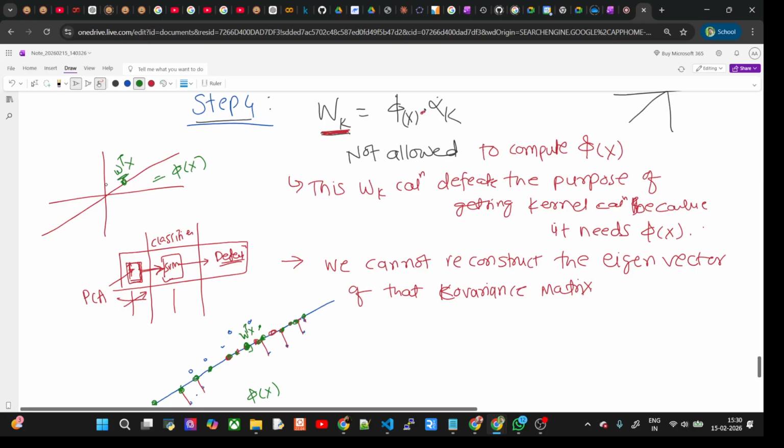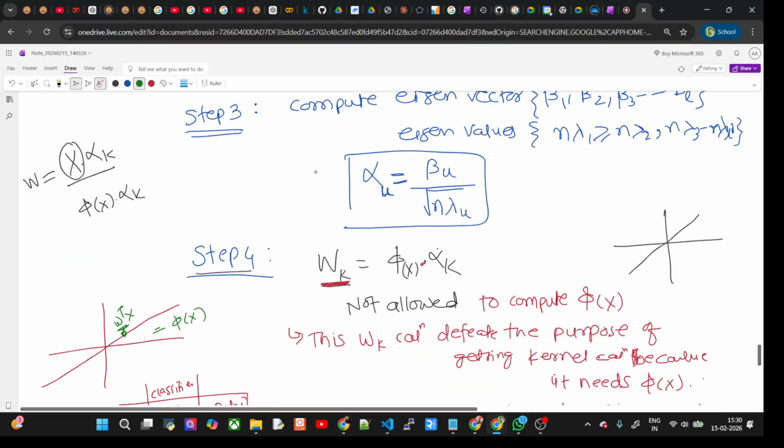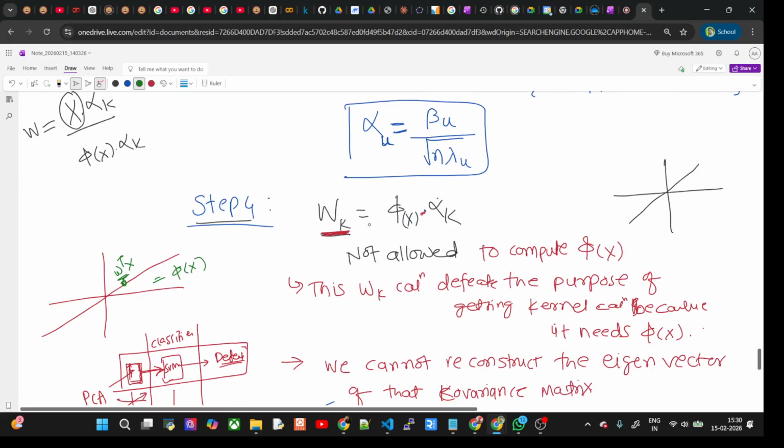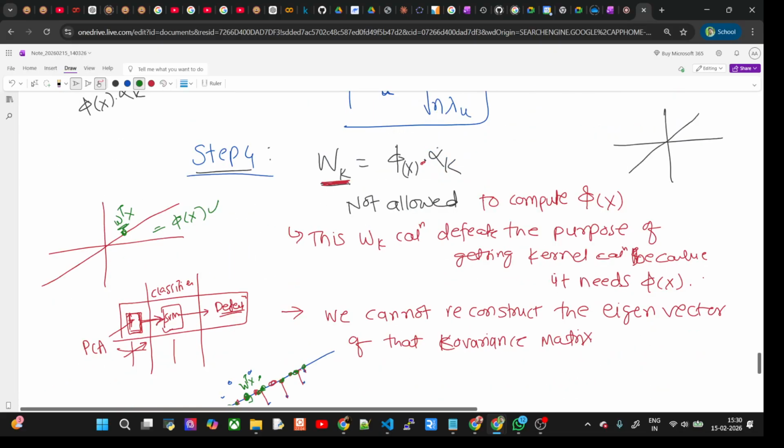And w is nothing but your eigenvector that we calculated in step number 3, this alpha kj, and I need to put it into the summation symbol and add all these things. So I am now interested in these projections, not in the points which are here.